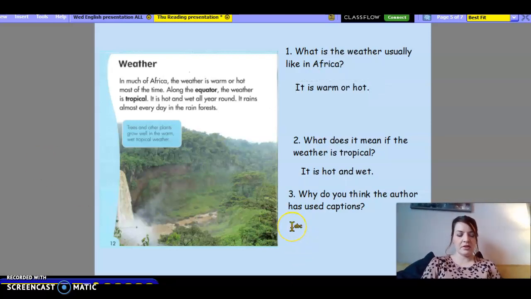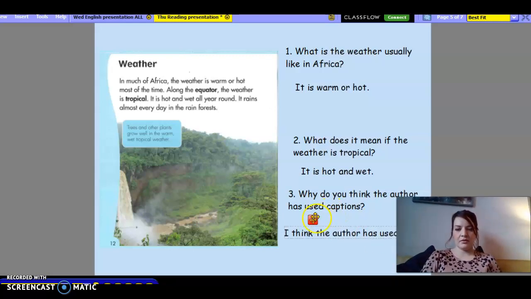So my answer is going to start with, I think the author has used captions because, and that's the key word. If it's a why question, your answer needs to contain a because.